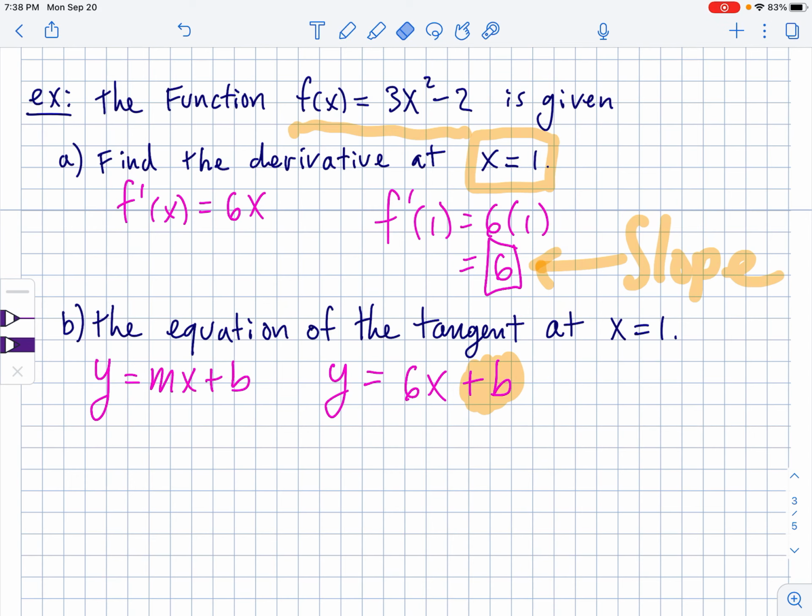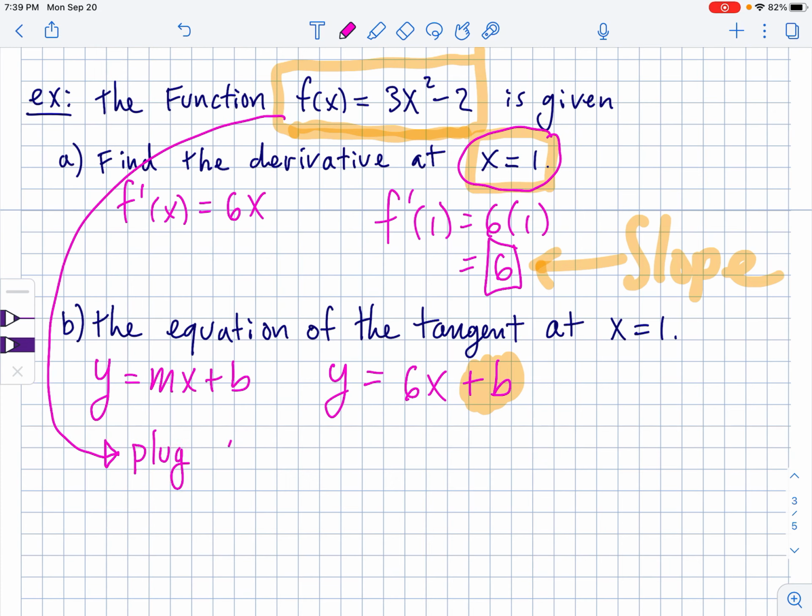So here's what we're going to do. I need to erase something. We're going to take the original function and put the x value into it to figure out what point the tangent is touching. Remember, tangents only touch the curve at one single point. That single point is where x equals 1, but I don't know what y value is associated with it. So we're going to plug x equals 1 into the original function.